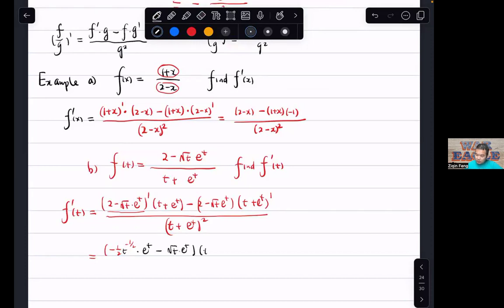Then times t plus e to t, then minus 2 minus root t e to t times 1 plus e to t, just a direct application of the sum rule, over t plus e to t squared. So this is the derivative of this big function. You don't have to simplify this on a test or our final exam. This is good.